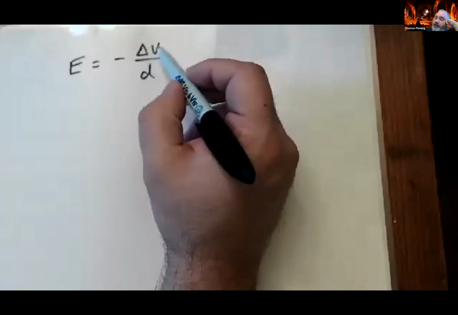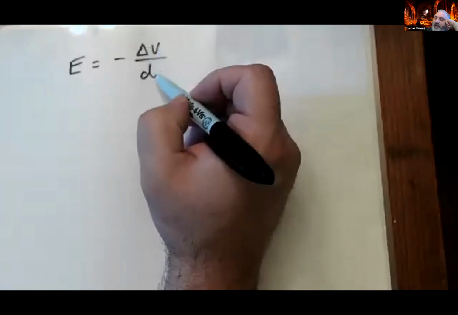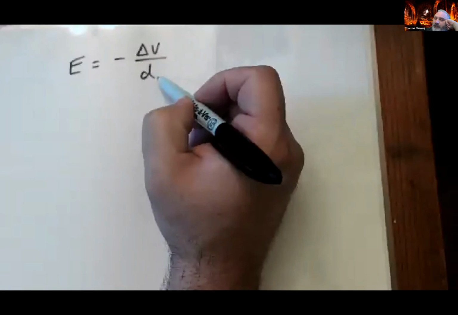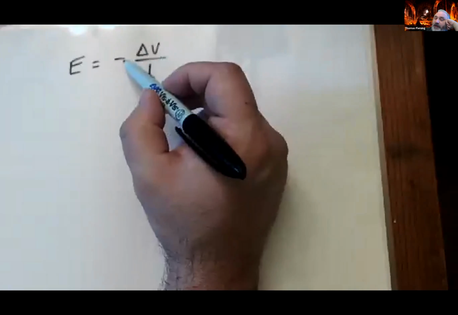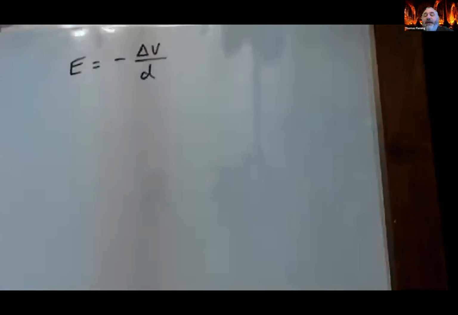Where if you looked at how much the potential changed divided by how far you had to move for that change to happen, you'd find the electric field. Now, the minus sign just tells you that the electric field points in whatever direction the electric potential gets smaller.